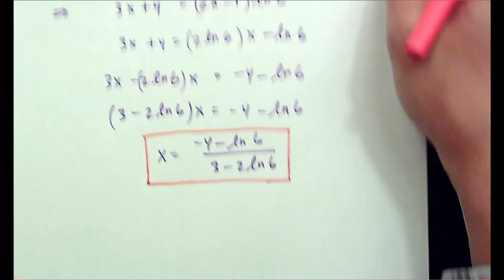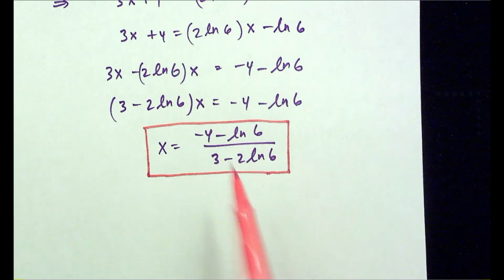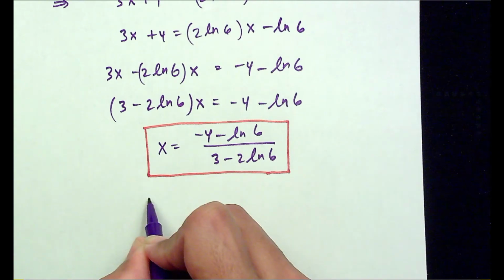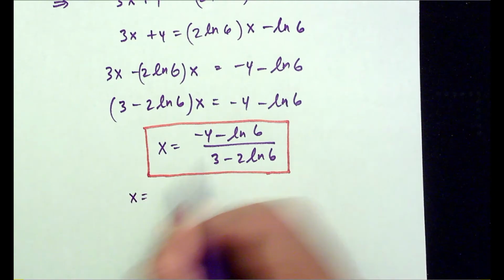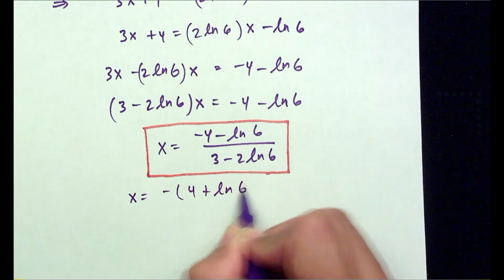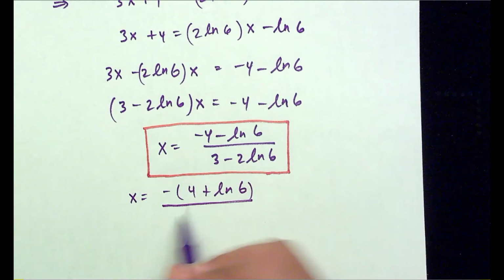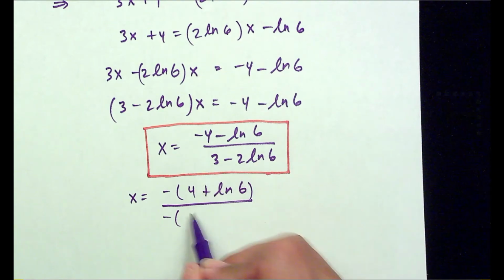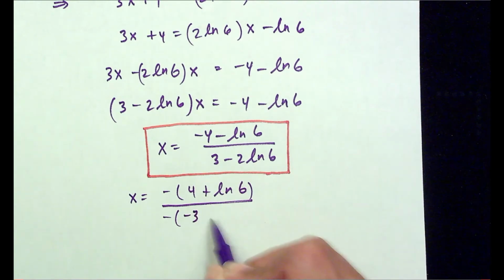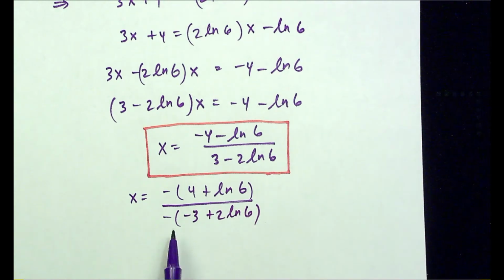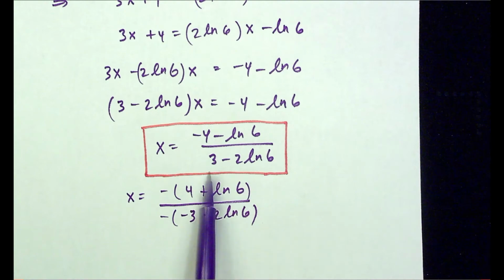Now, personally, I really do not like the fact that there's so many negatives in there. So I would simplify this a little bit differently. I would factor out a negative from the top and a negative from the bottom. When you factor out a negative from the bottom, this would be negative 3 plus 2 ln of 6. And how do you know that's true? Well, if you distribute, you get this back.